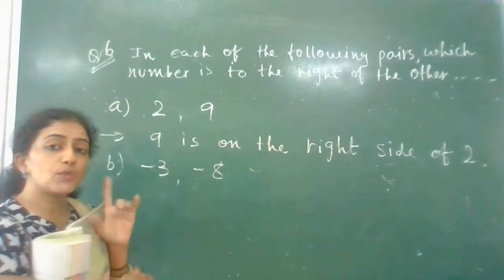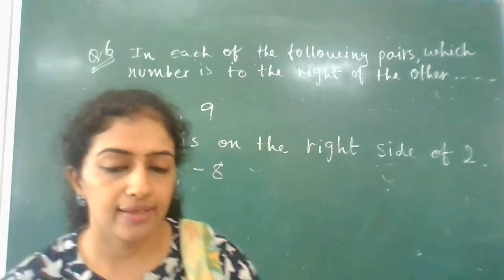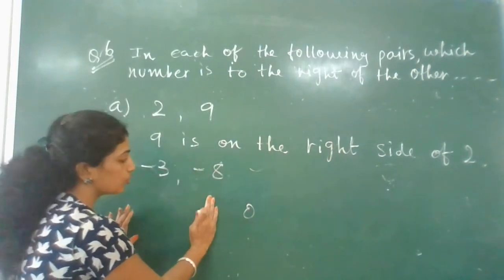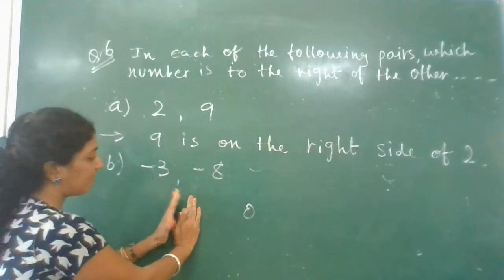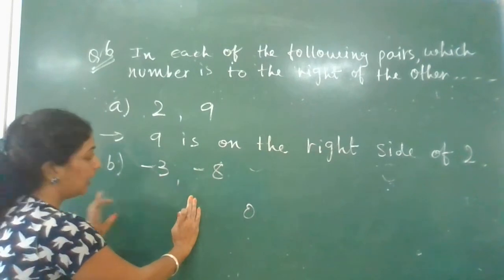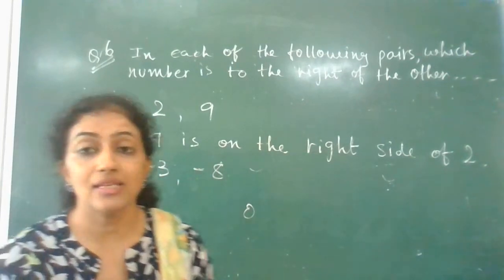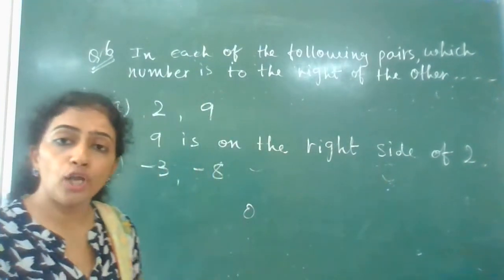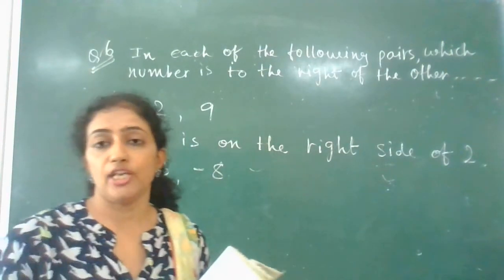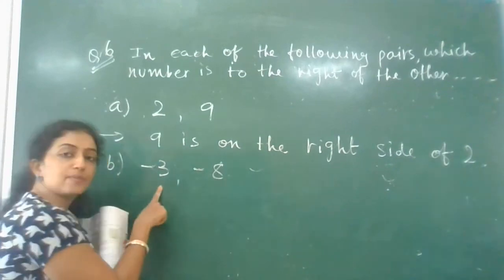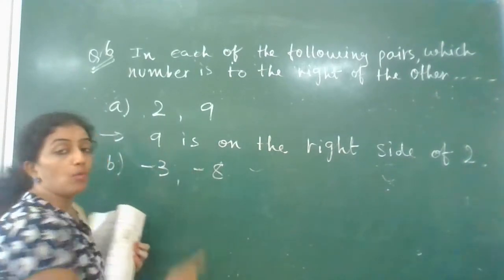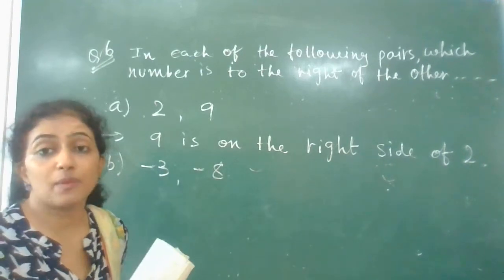Now this we will do orally. Suppose there is a 0, then here comes 1, 2, 3, so 3 is here, then 5, 6, 7, 8. So which is on the left side? Minus 8. Which is on the right side? Minus 3. As we all know, among negative integers, the number which seems bigger has the smaller value.